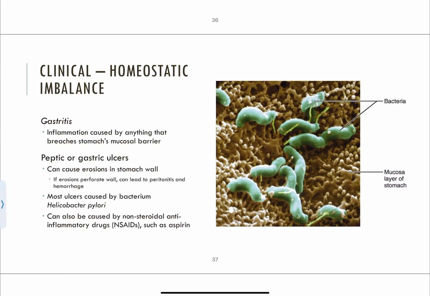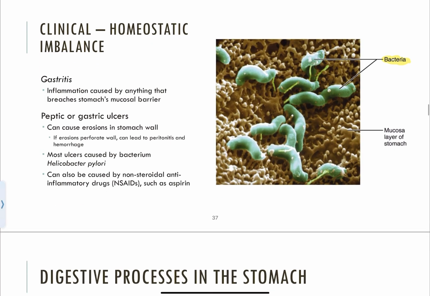That bacteria is Helicobacter pylori, or H. pylori, and that's what's in green over here. Helicobacter pylori is a corkscrew shaped bacteria, and it buries into the mucosal wall of the stomach, damaging the barrier and exposing it to the high acidity, leading to inflammation in the mucosal lining.